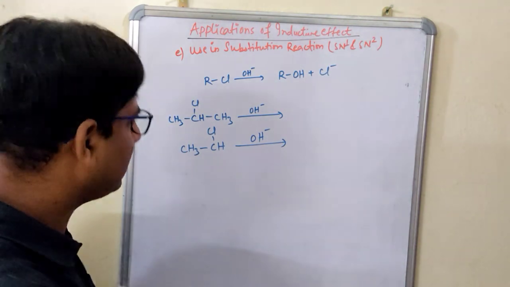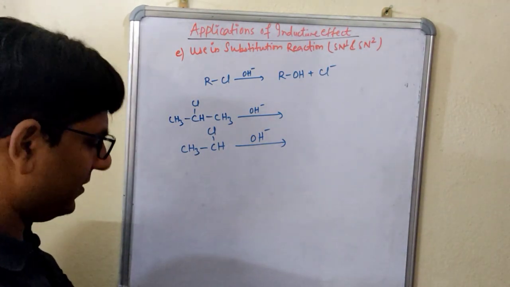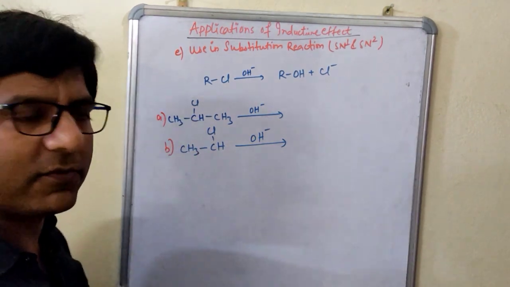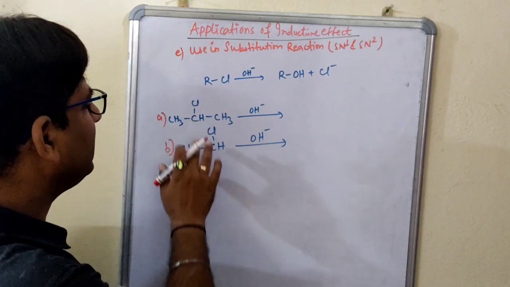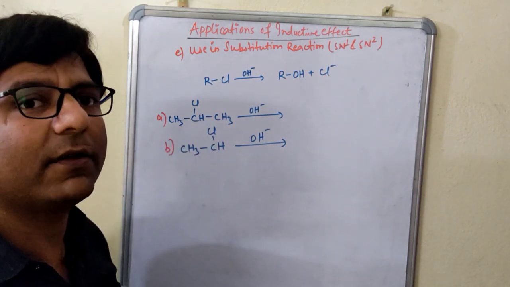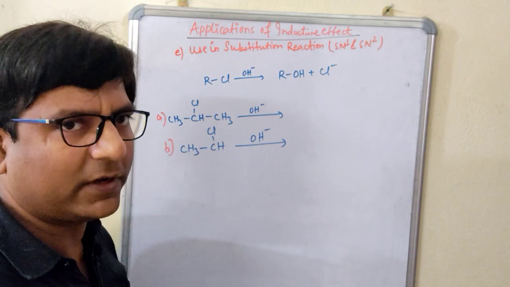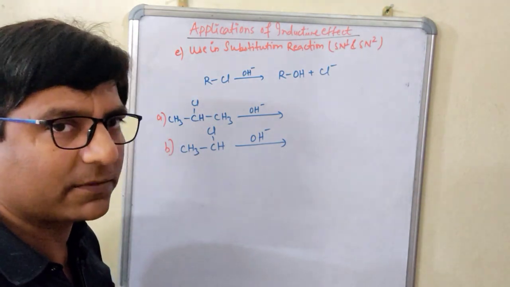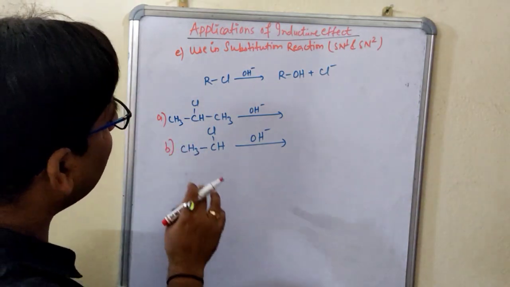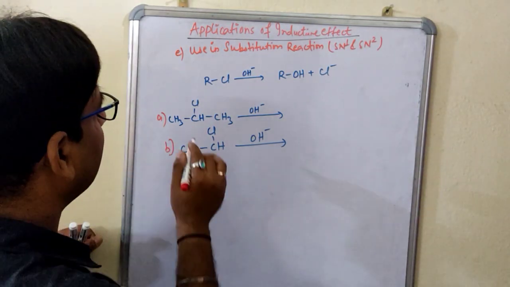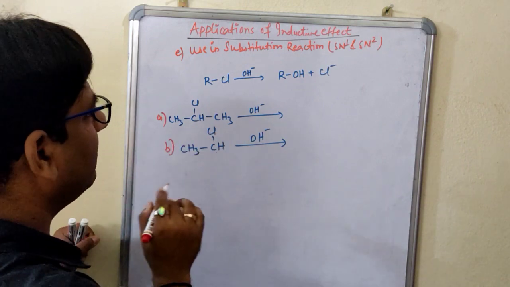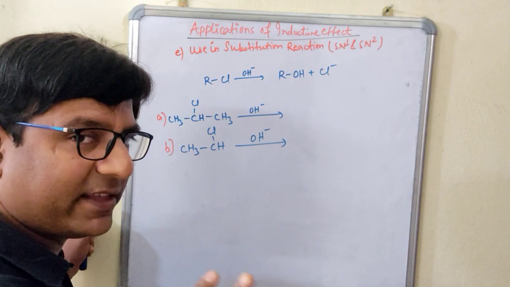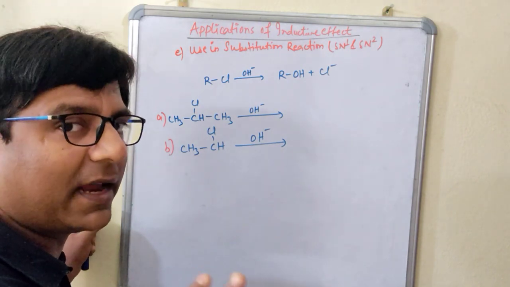Right? Now let us see, suppose this is A and this is B. My question is, which among the 2 reactions will occur fast? Occur fast means how quickly it will give the substituted product. Now, you understand like this, students, that when you are talking about the SN1 reaction, it is a two-step reaction, and there is a formation of the carbocation.